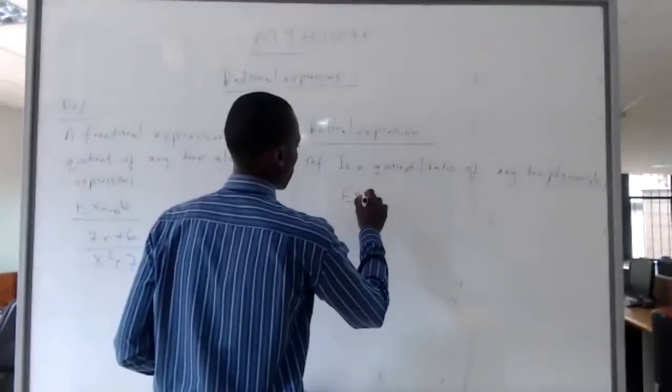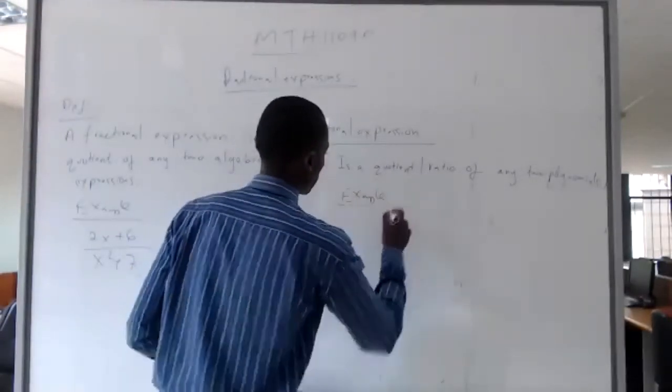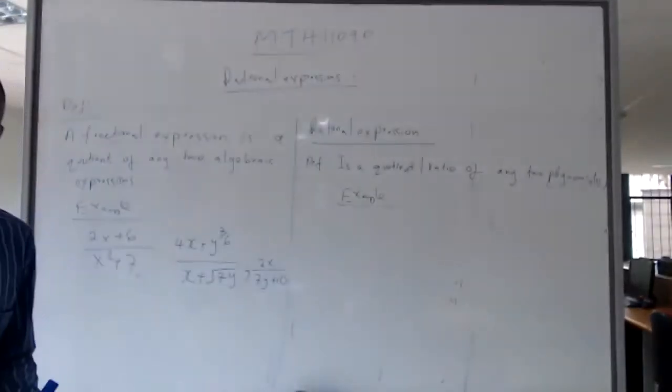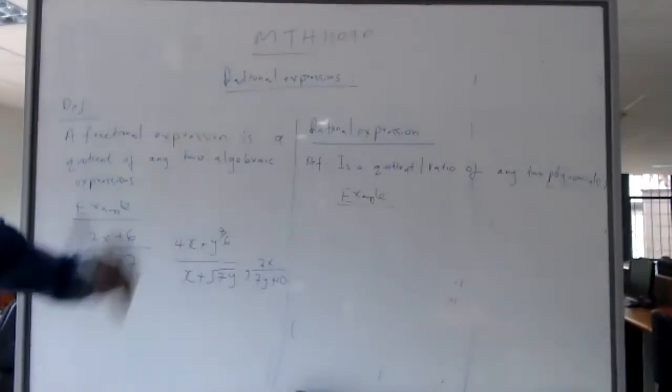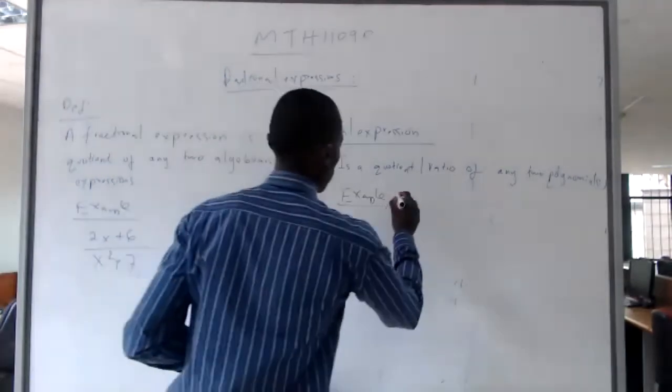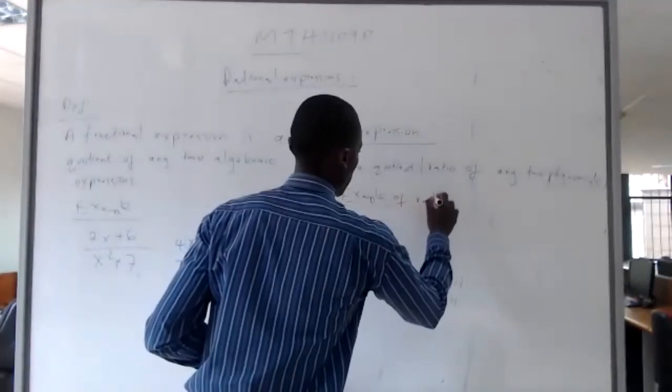So let's see some examples of rational expressions. We will only consider expressions in which the numerator and the denominator are polynomials.